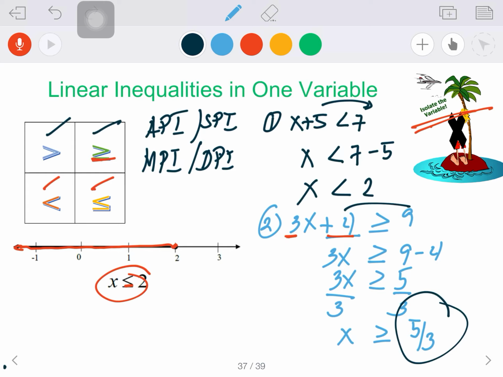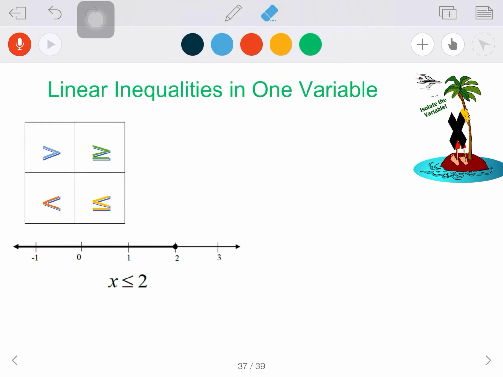All right, down to the last example. Let's clear this one first with the ink. Okay, last example would be 2x minus 8 less than or equal to 4x plus 2. Now you can see here that you have two terms with variables on both sides of the inequality.